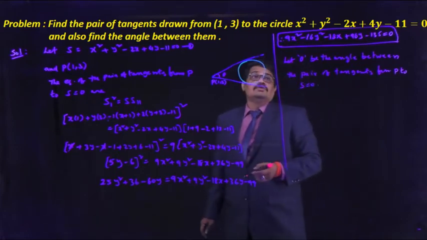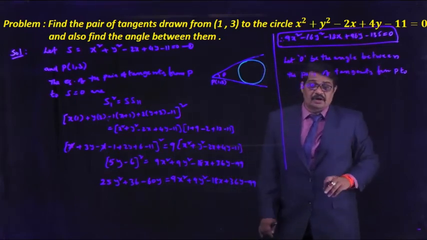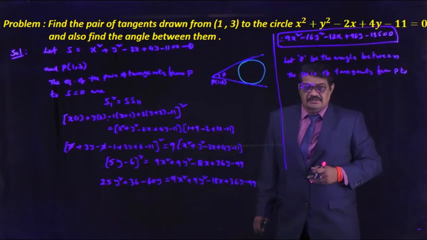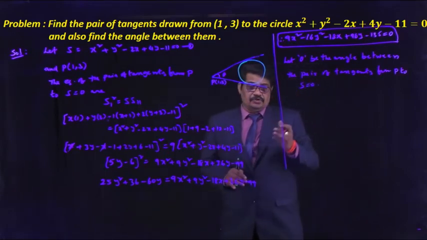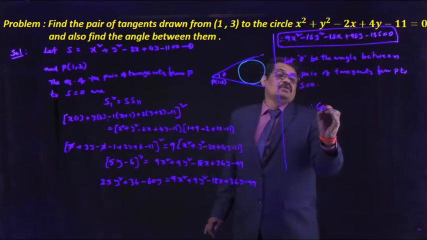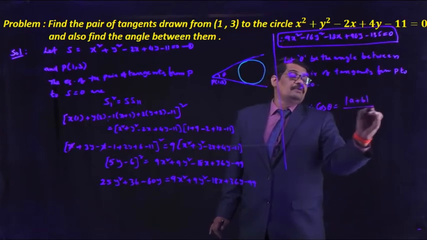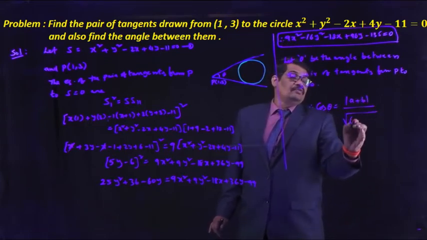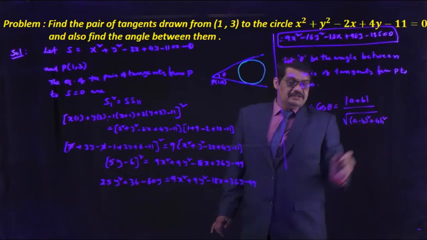Okay, so these are the pair of tangents. We know the formula in pair of straight lines for the angle between the pair of straight lines: cos theta is equal to modulus of a plus b by square root of a minus b whole square plus 4h square.